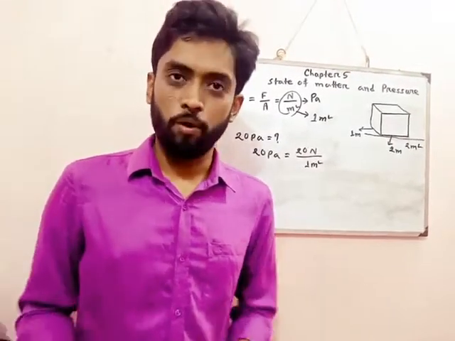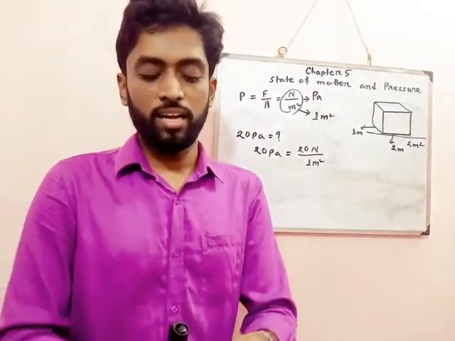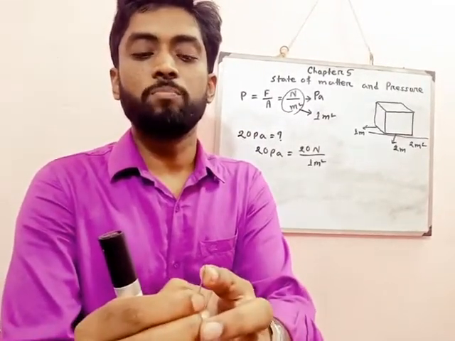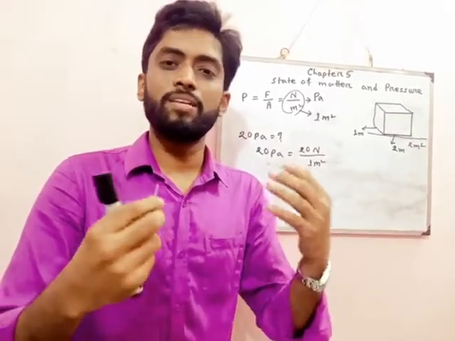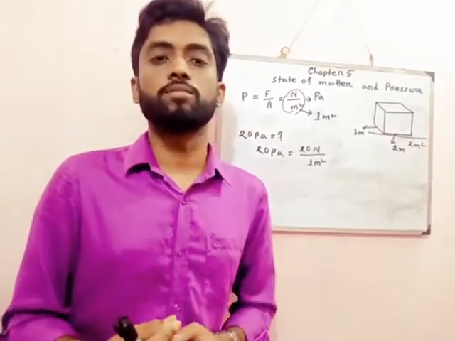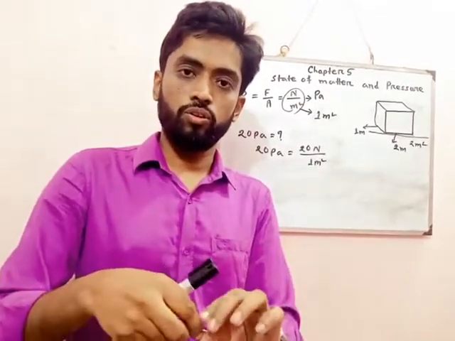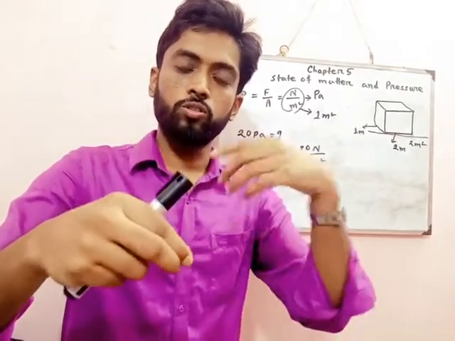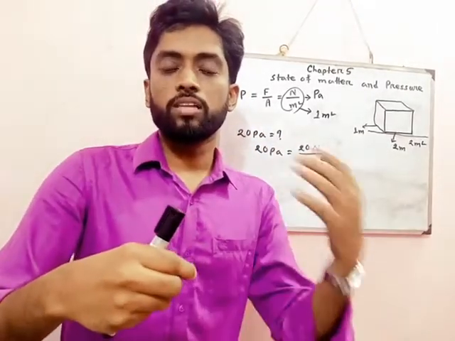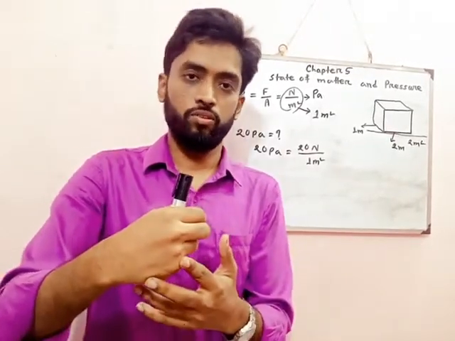Yes, the balloon is popped. This is because the area of this pin is much smaller than my punch. Maybe it is 1000 or 2000 times smaller. So the pressure exerted by this pin will also be 1000 or 2000 times greater than my punch.